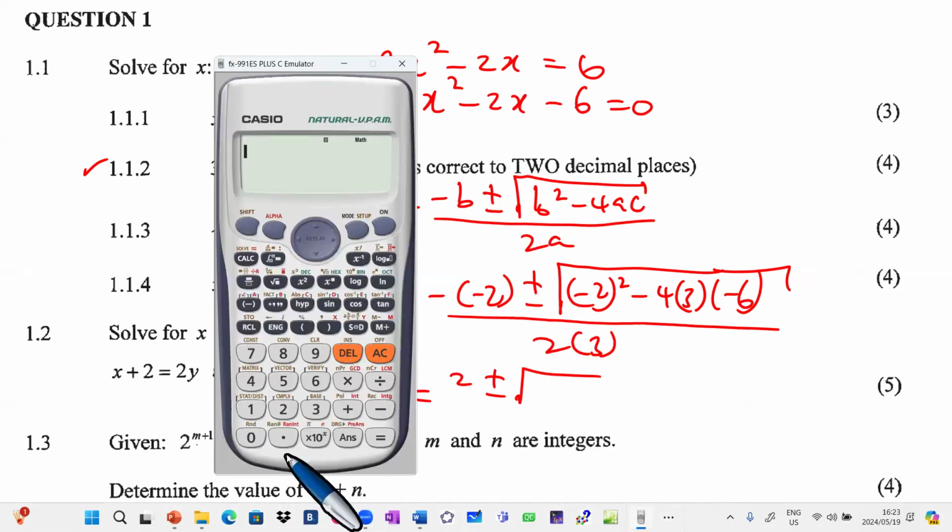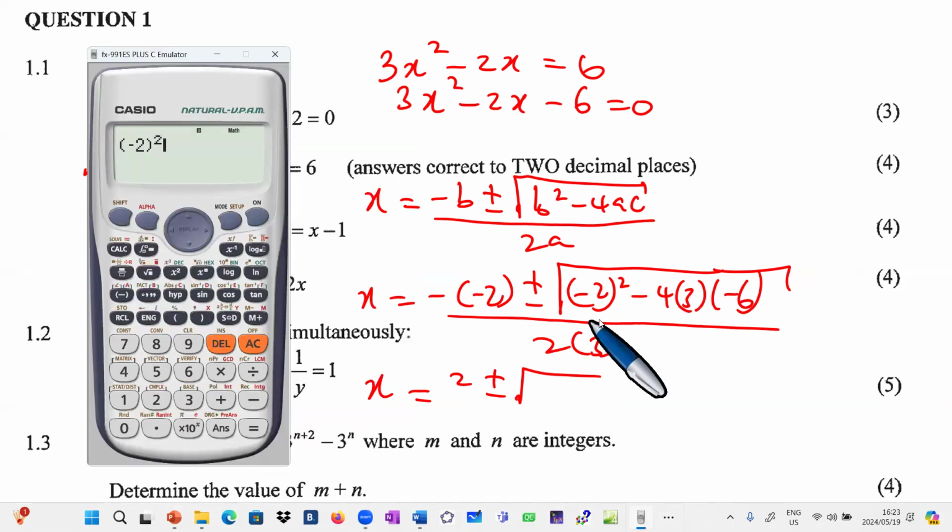We have minus 2, and we square that. Then we have minus 4, open bracket, 3, close bracket, open bracket, minus 6, close bracket, and the result is what?